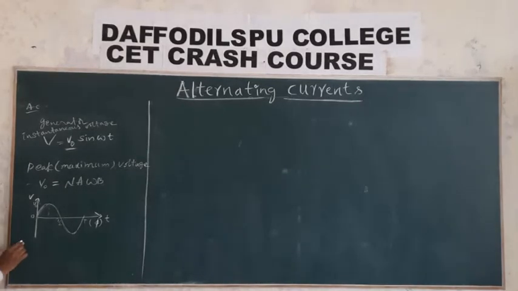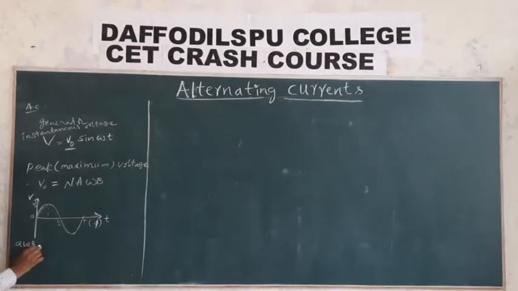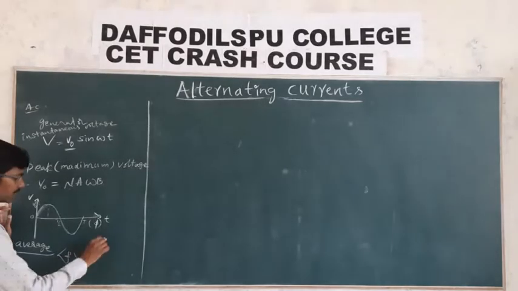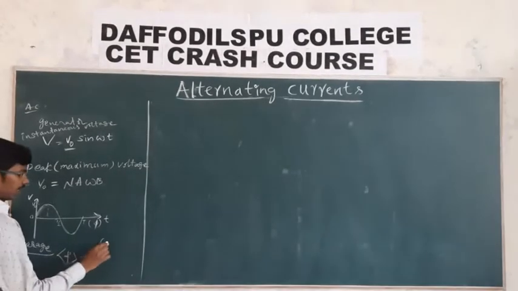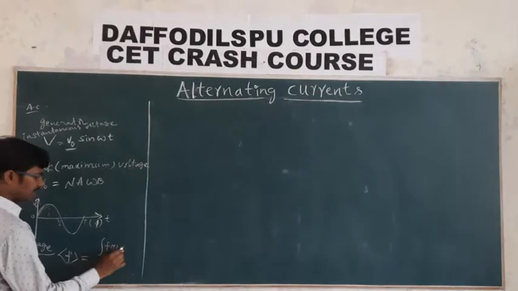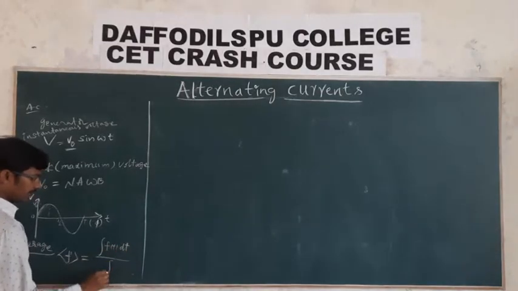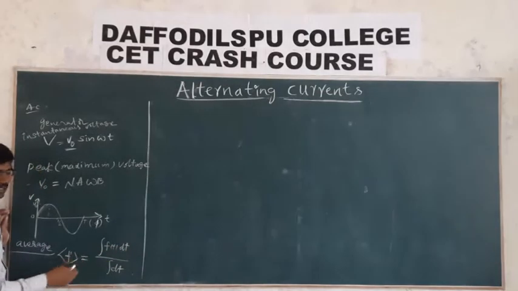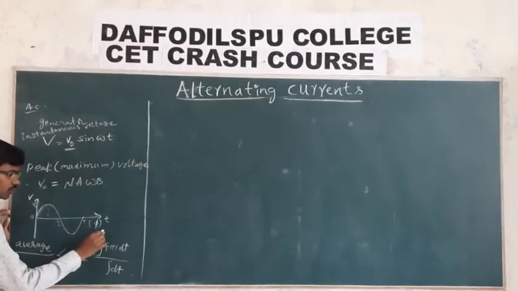Now, average function, we know average function. For example, f is a function. How do we get the average function? Integral f of t dt by integral dt, with limits from t1 to t2.